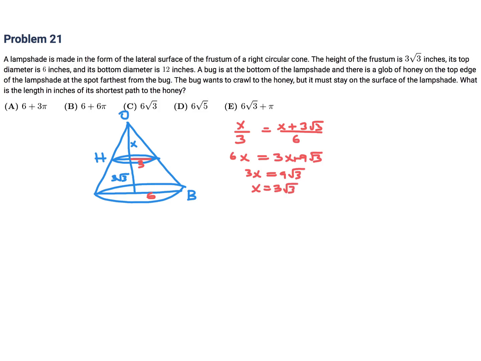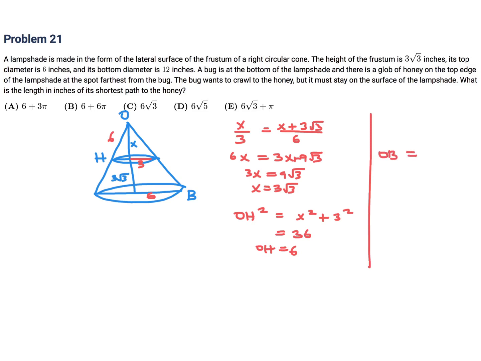Therefore this distance OH would be x squared plus 3 squared, using the Pythagorean relationship. So that's 9 times 3 is 27 plus 9 is 36, so OH would be 6. Okay, so OH is 6. And then in a very similar way, we can calculate OB.